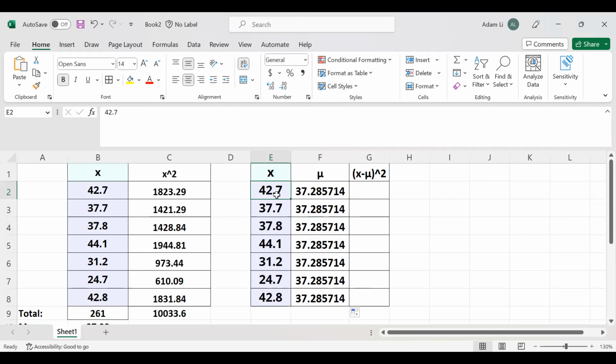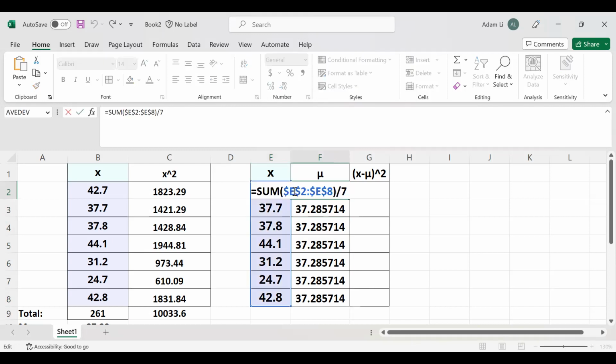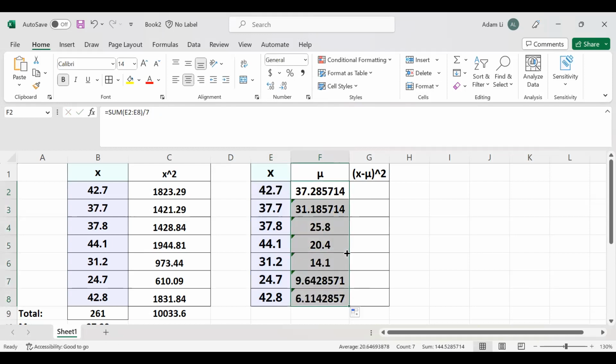We want to make sure they are the same. If you do not put a dollar sign, I'll show you quickly. Then your answer will be totally off. If you drag it, you see it's not the same. Okay, makes sense?